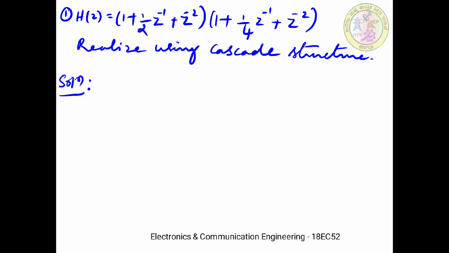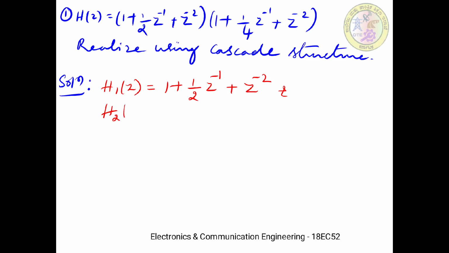So therefore readily you can write here what is H1 of z. H1 of z is nothing but 1 plus 1 by 2 z inverse plus z to the power of minus 2. And H2 of z is equal to 1 plus 1 by 4 z inverse plus z to the power of minus 2.